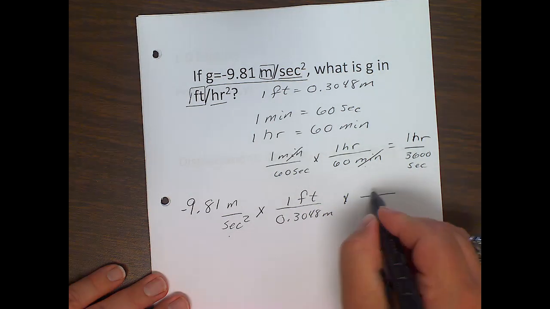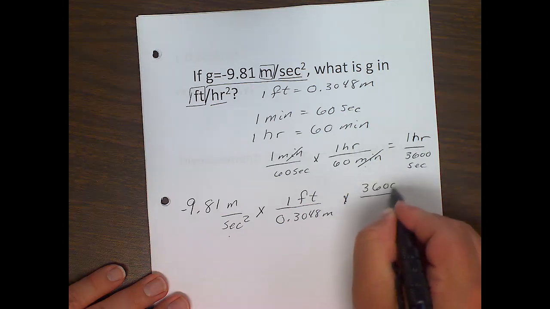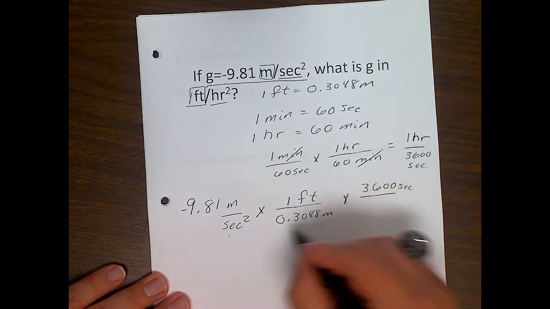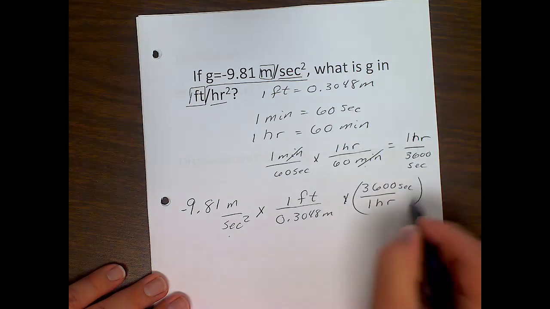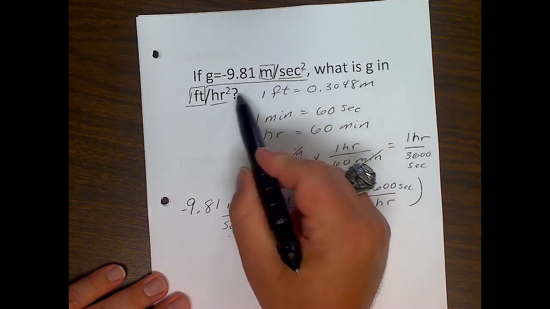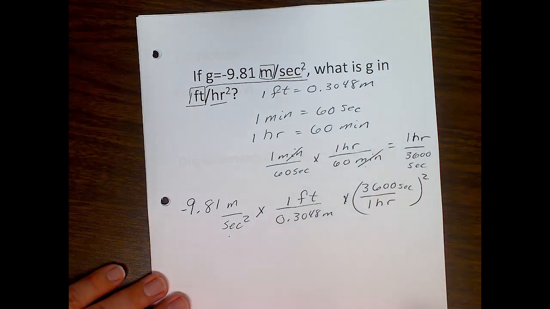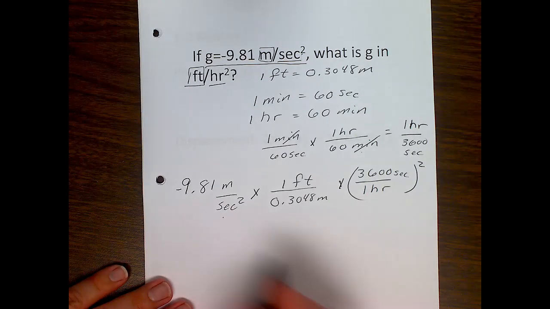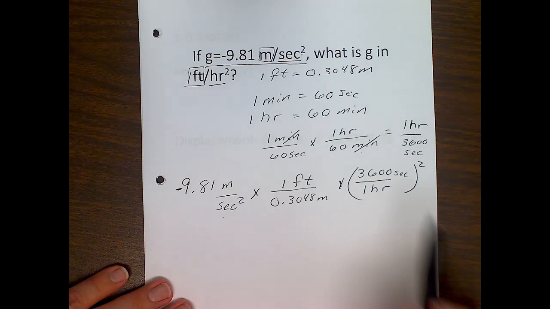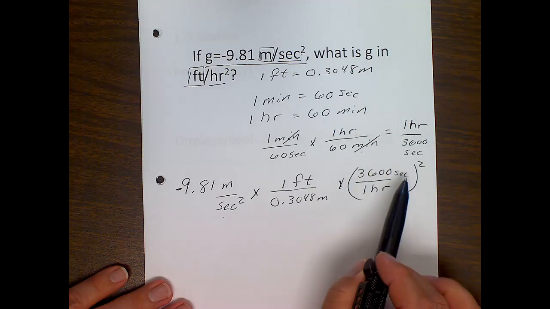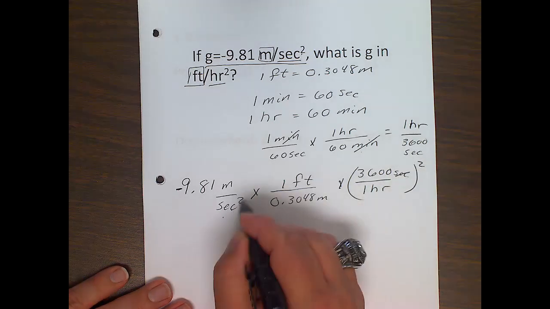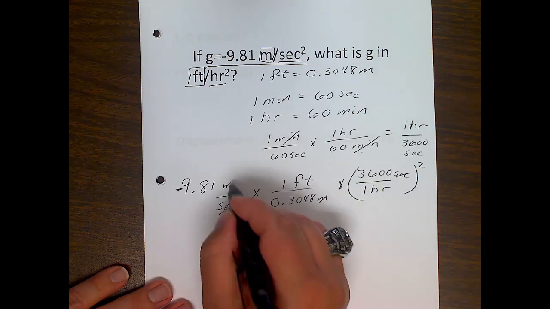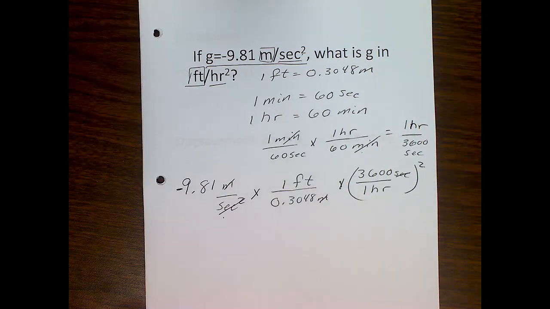We're going to put our seconds in the numerator, 3,600 seconds, our hours in the denominator, but because it's squared here, we actually have to make sure it's squared down here. It's not simply a matter of multiplying by seconds and hours, we have seconds squared. So now we can cancel our seconds squared, we can cancel our meters, and then we simply multiply.